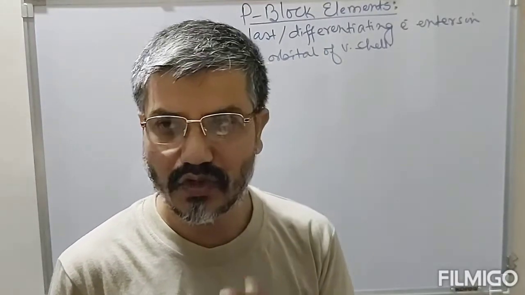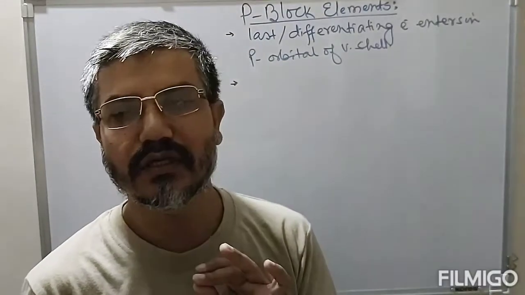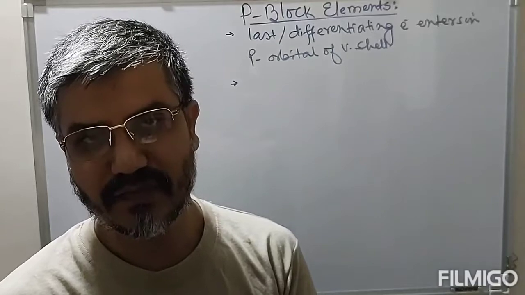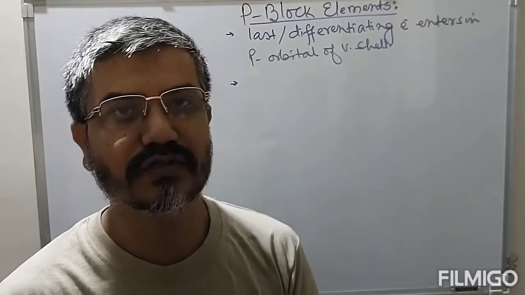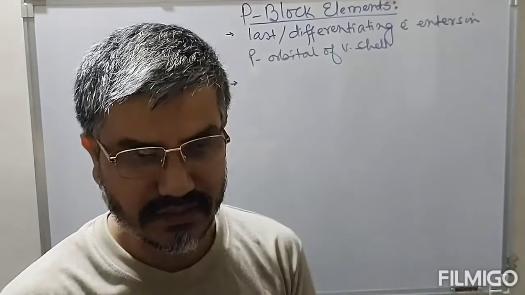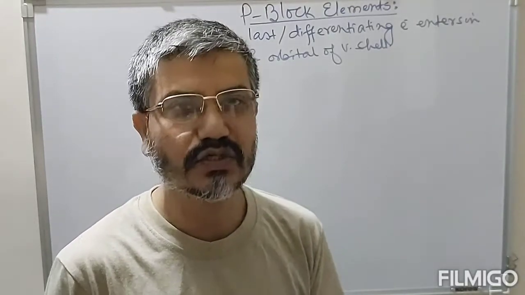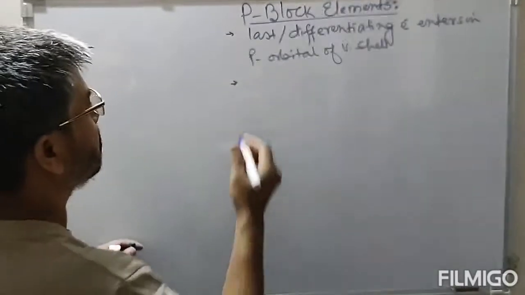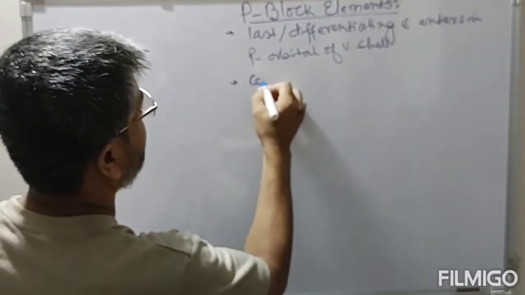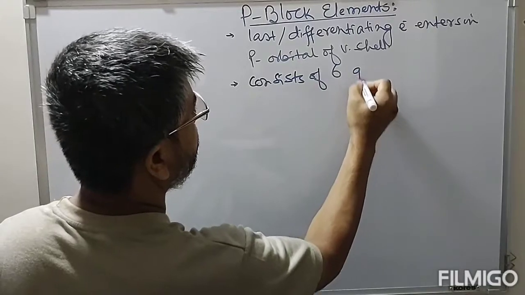So since there are 3 orbitals in p subshell, a total of 6 electrons can be placed in p orbitals. Since 6 electrons can be placed, the total number of groups in p block is 6 groups.